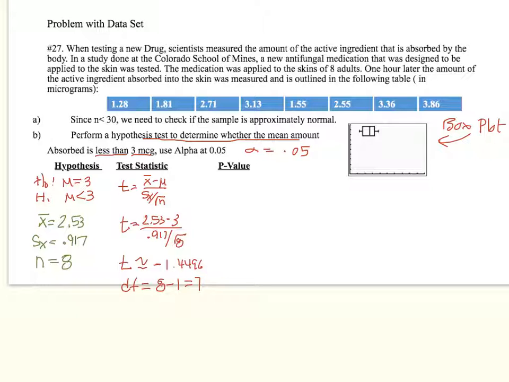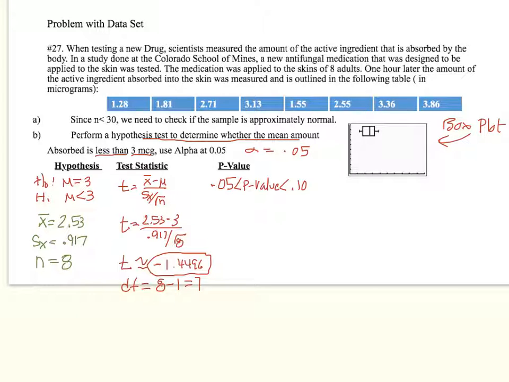You notice that this is negative, so the table actually goes only to positive values. So we make this a positive value, and from our table we have the following p-value. It's between 0.05 to 0.10.